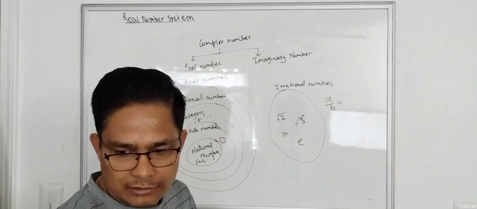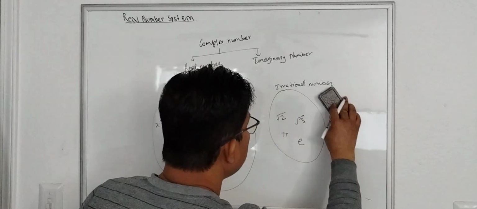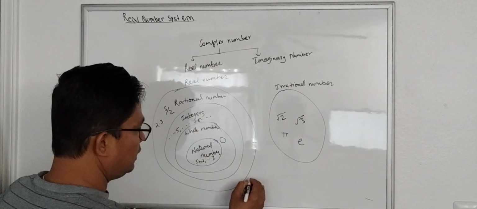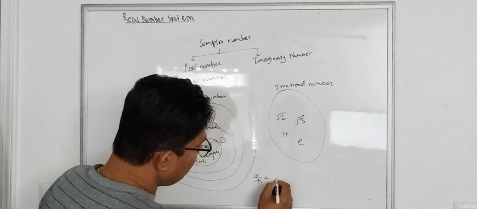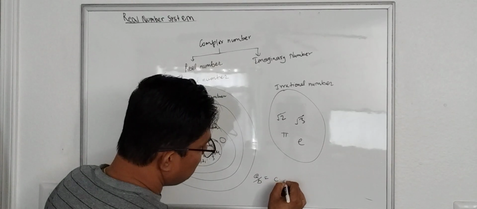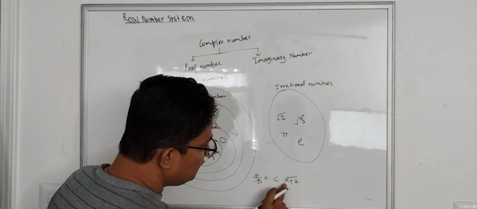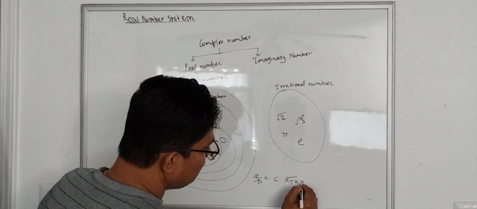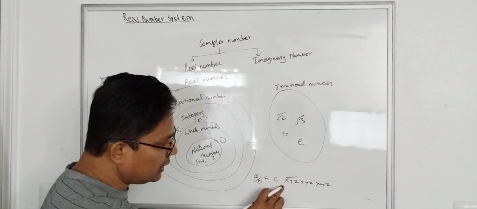Look at the board. Right here, a by b is here, and what happens? You find c dot x y z, and then this x y z is repeating. Again you will have x y z, x y z. These are the digits. Don't get confused.